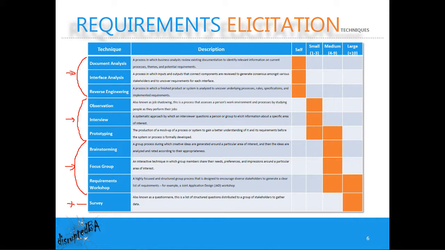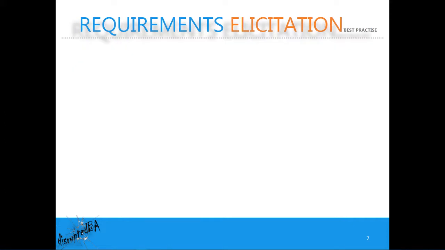So when you do your business elicitation, there are some best practices. Now, let me reiterate, like I said when I started out, I'm a practical person. So for me, it's about what works. It's not always about what the book says or what they tested you on during certification or anything like that.